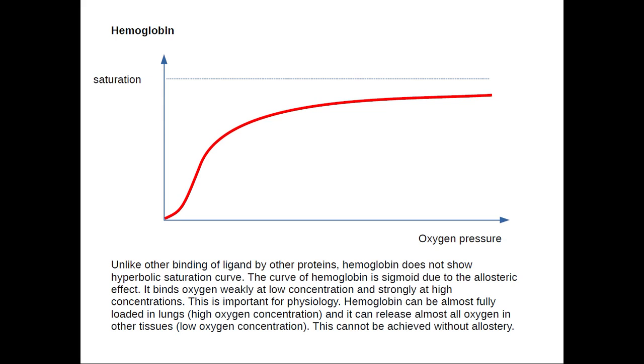It can inhibit enzymatic or other activity, and it's very important in molecular biology. And it's possible to show in three-dimensional space, on three-dimensional structures, how these changes take place.